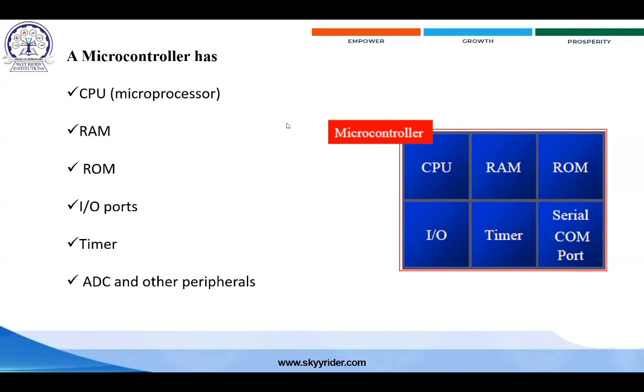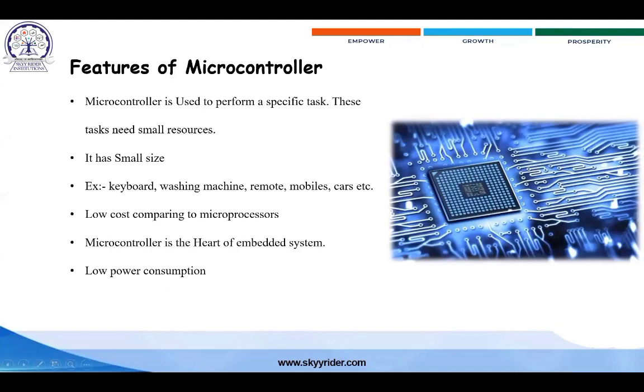So what are the features of a microcontroller? Basically, a microcontroller is used to perform a specific task that needs small resources. That means there is a small size of data, and you are executing a task that needs to be executed carefully.